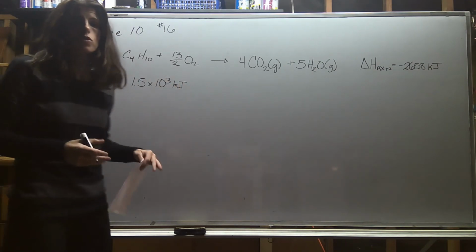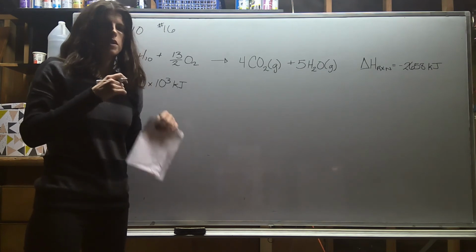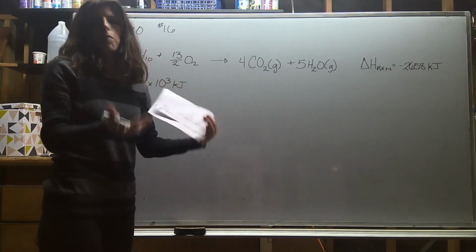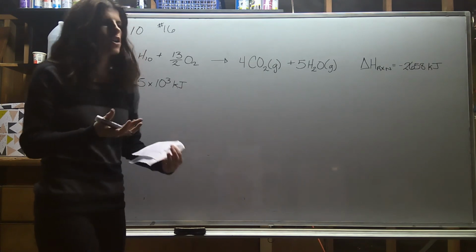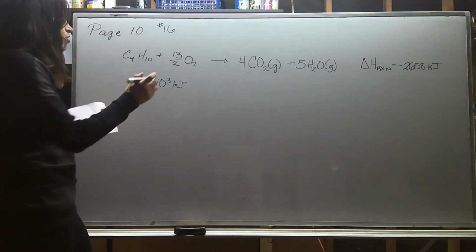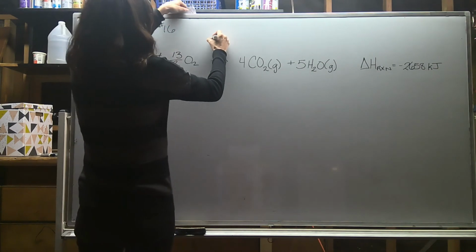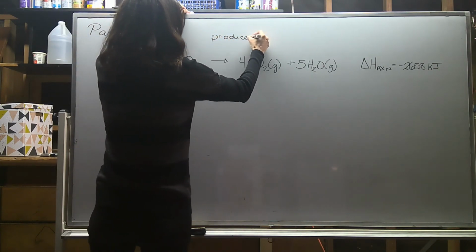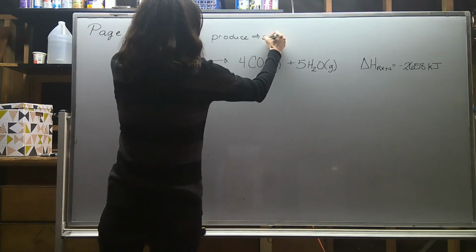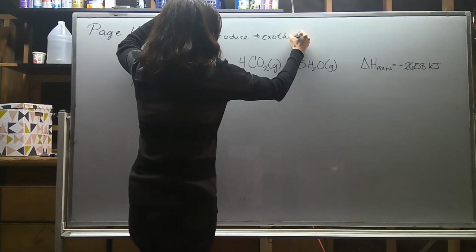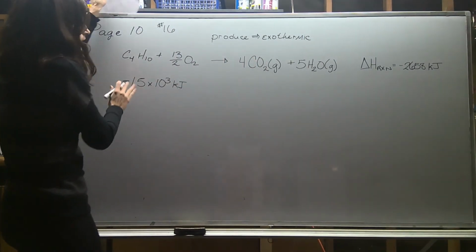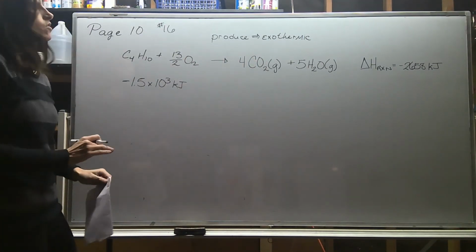The word produce is really critical here because when we think about something producing heat, like a combustion reaction, some type of fire, we think of exothermic reaction. So produce implies exothermic, which means we need to put a negative sign on this value before we get started.